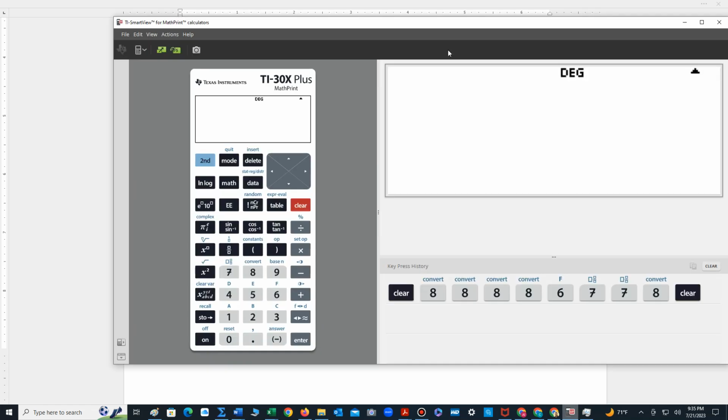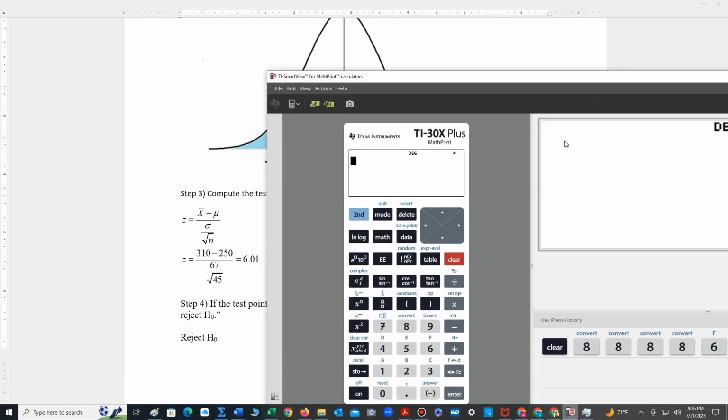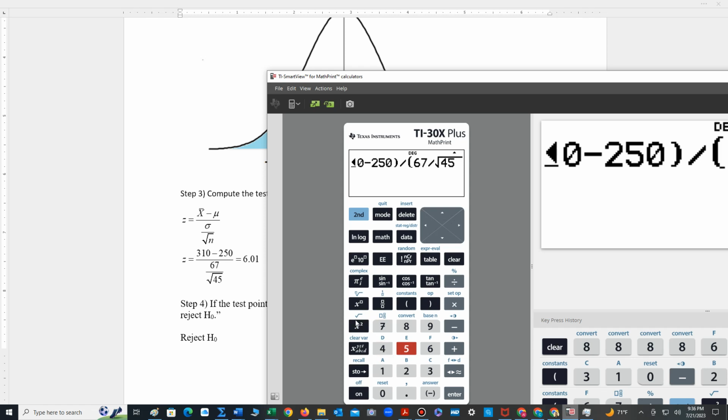I like to make sure to use parentheses. So in the numerator, use the parentheses. It's 310 minus 250, close the parentheses, divided by parentheses 67, divided by, now we do the square root of 45.